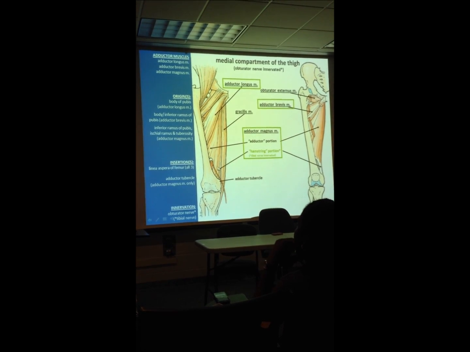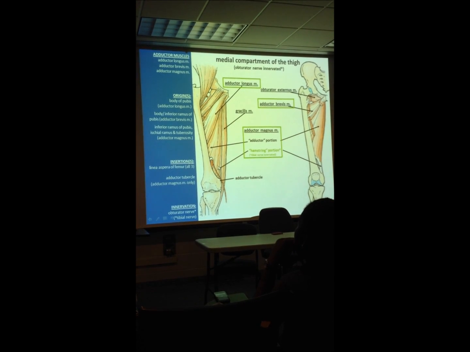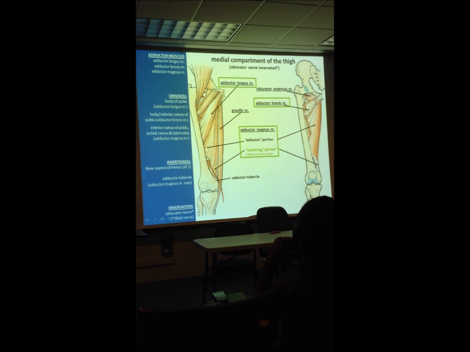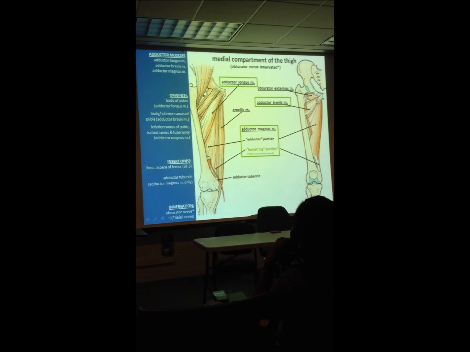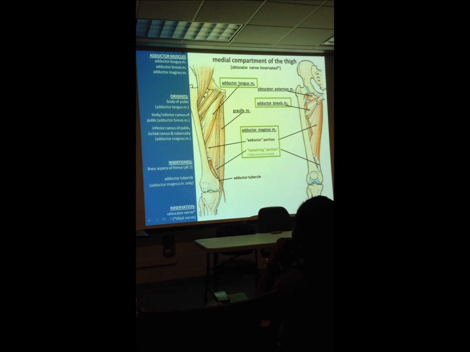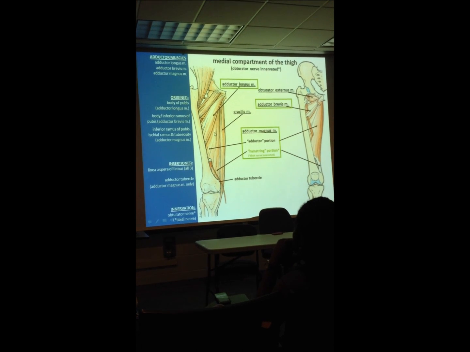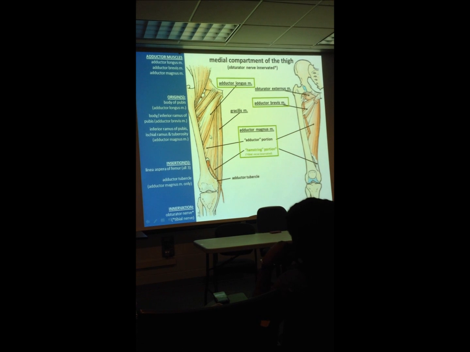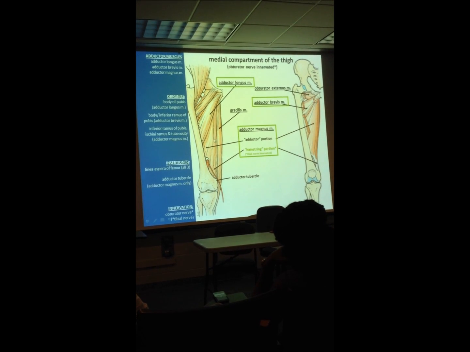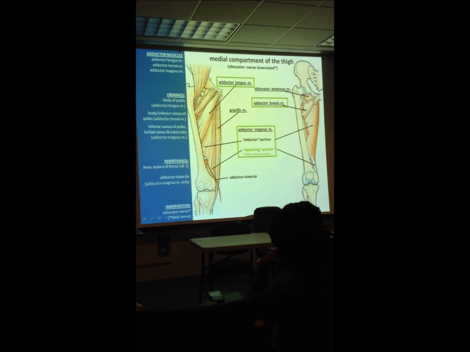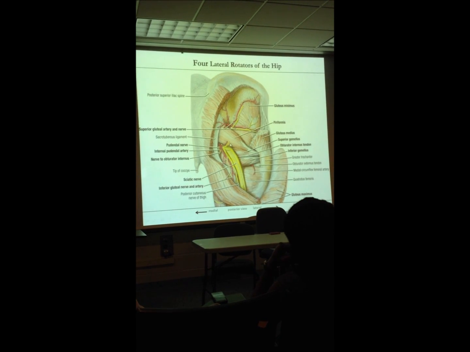But this part of this thing not only has a special place to go to on the femur, that's important for the lab, it's also innervated by another nerve. It's not innervated by the nerve that innervates all the adductors, it's innervated by the tibial nerve. So the adductor magnus is a medial compartment muscle that's innervated by 2 nerves. All right? Okay. Slide number 7. I think this is number 7.